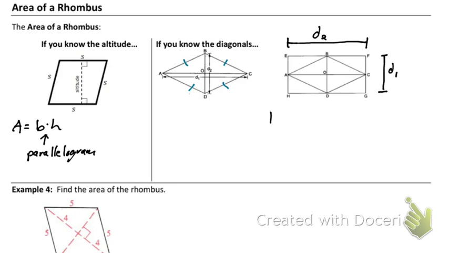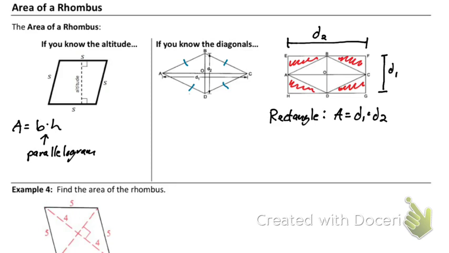So with the rectangle, your area would be diagonal 1 times diagonal 2. But for the rhombus, I need to cut away at all of this excess. And like I said, if you focus on just one of these little squares, you're going to notice that each of these triangles is half of this small rectangle.